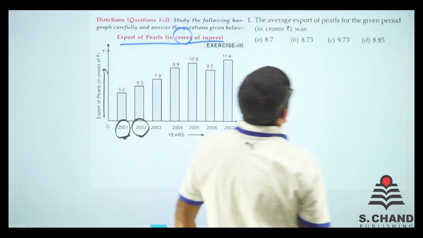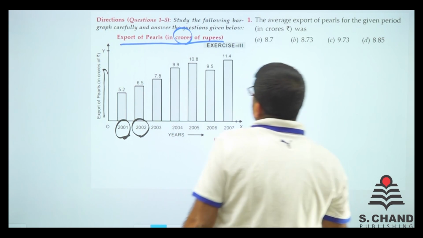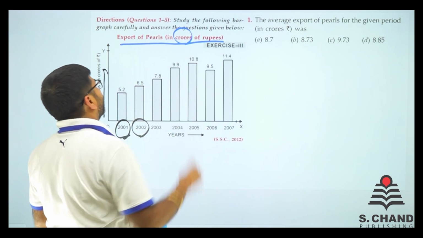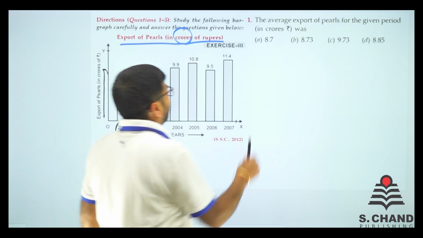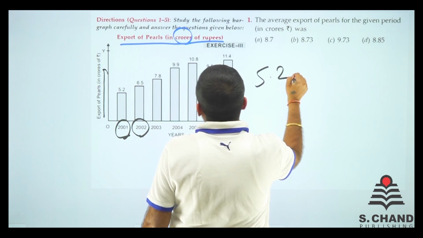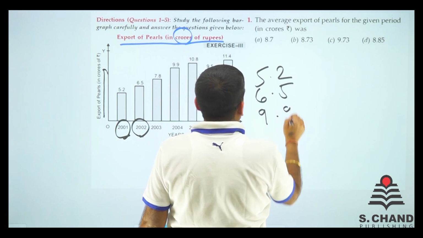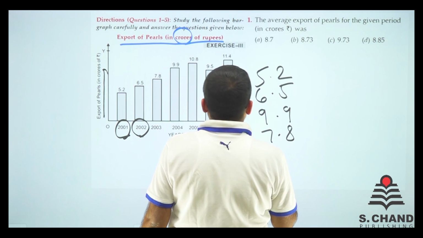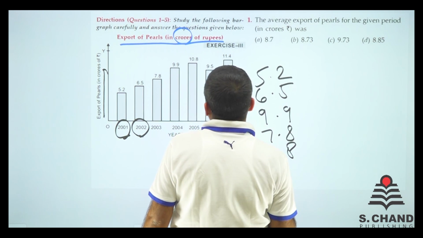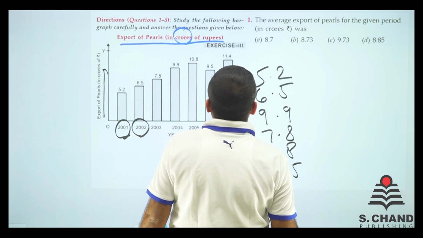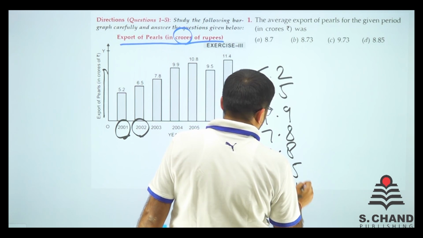So the average export of pearls for the given period, you need to find out the average of these all. So average of all is like, just calculate 5.2, then we have 6.5, then we have 9.9, 7.8, 10.8, then 9.5, and we have 11.4.